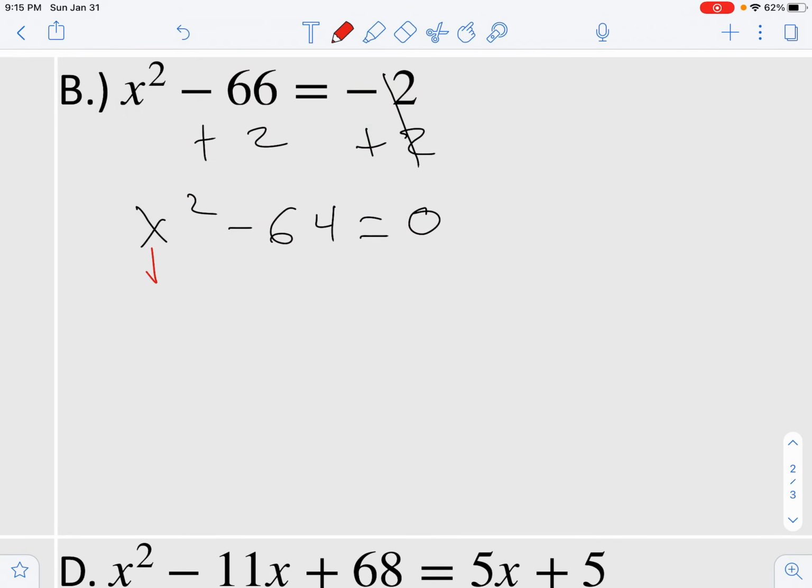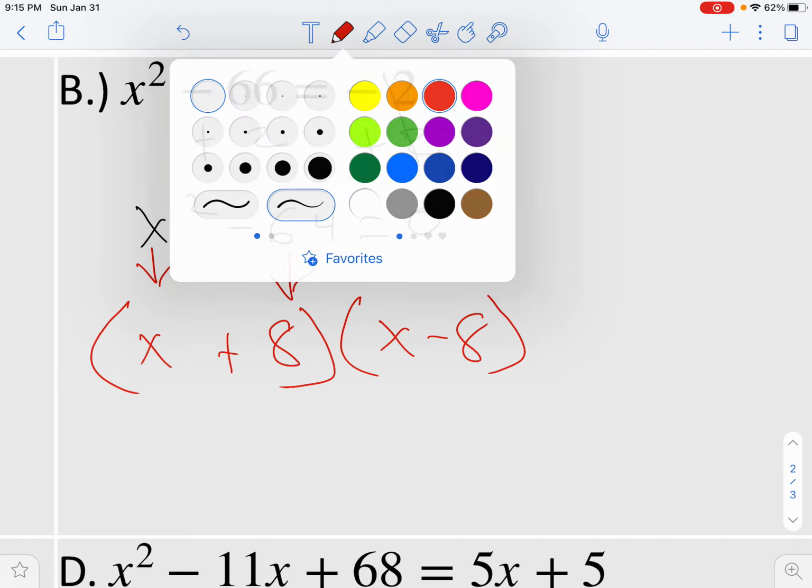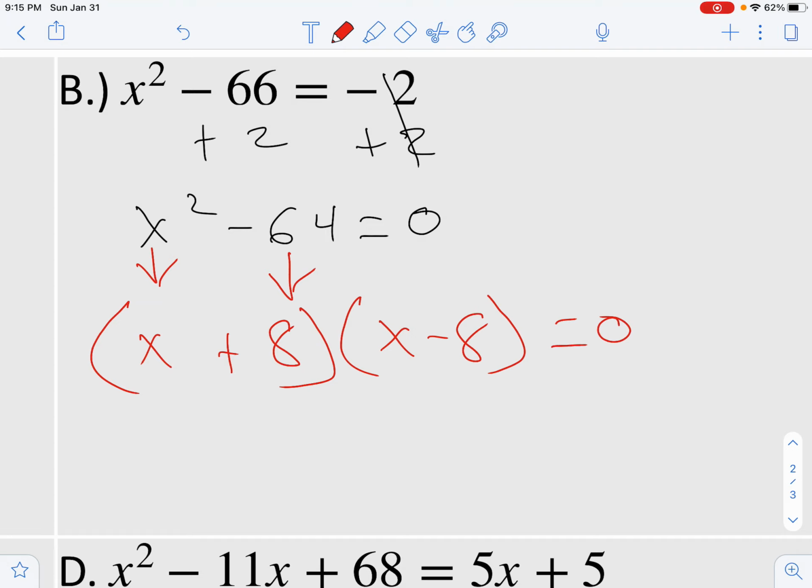I can take the square root of x squared. Oops. I can take the square root of 64. I can make two sets of that. It's a special pattern. And it still equals 0. So now that I've factored that down, I'm going to take my first group, and that gets set equal to 0.